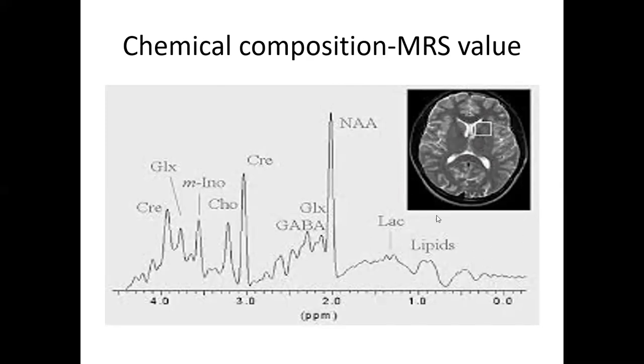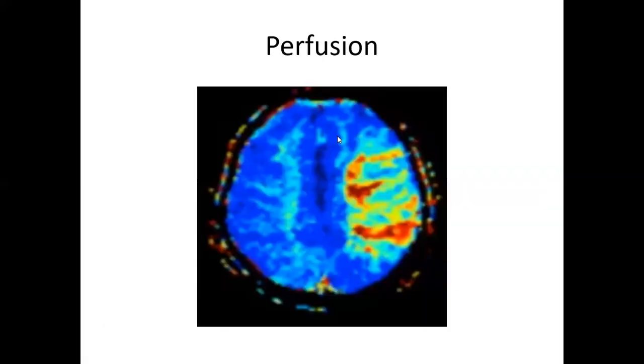Alanine is mostly used for meningiomas, lipid lactate for necrosis, and lipid lactate peaks are mostly seen in metastasis, radionecrosis and lymphomas. The choline peak you can find in gliomas, and the choline creatine ratio is increased in gliomas, with more choline peak in high grade gliomas. NAA neuronal activity will decrease if there is neuronal destruction, like in high grade gliomas.